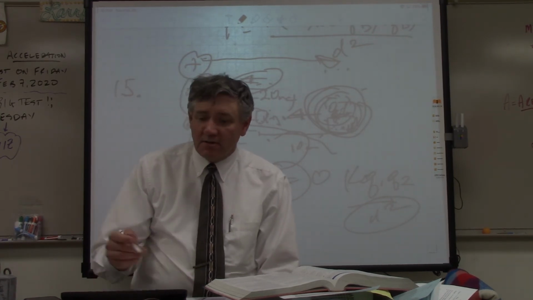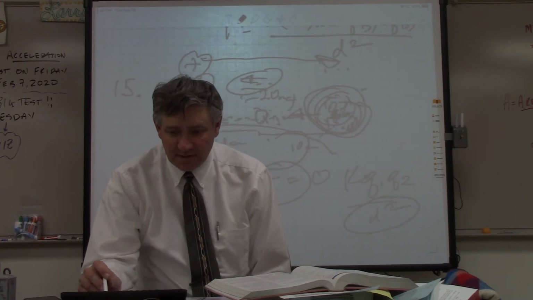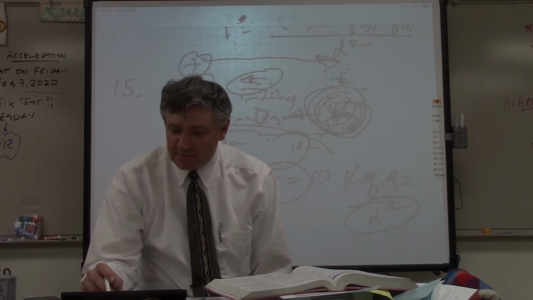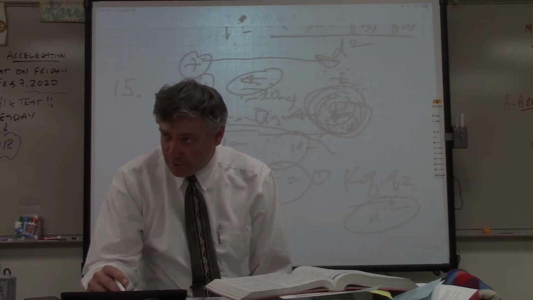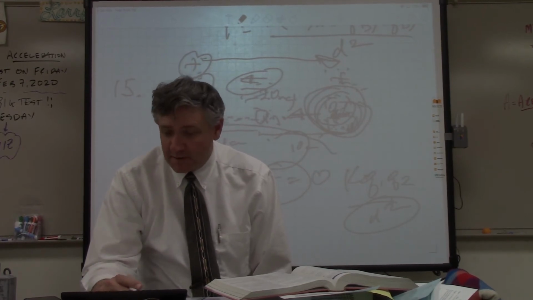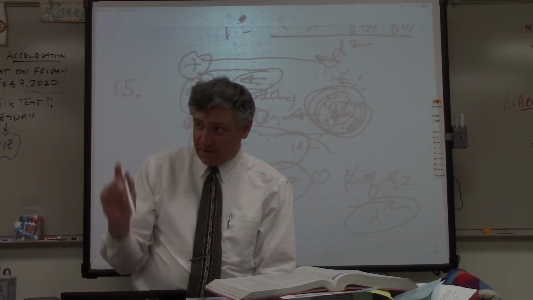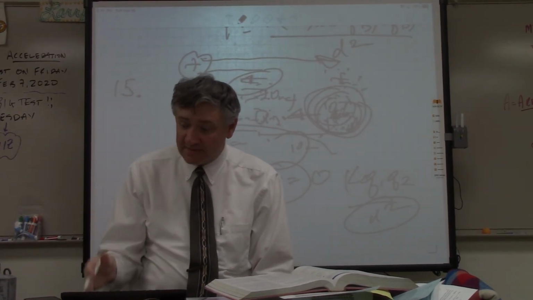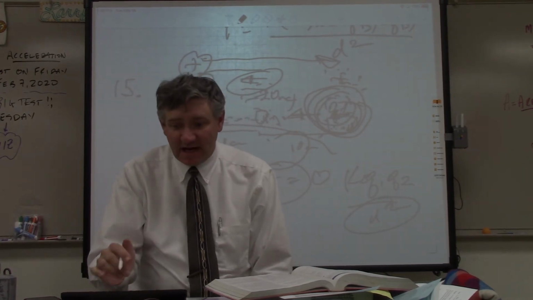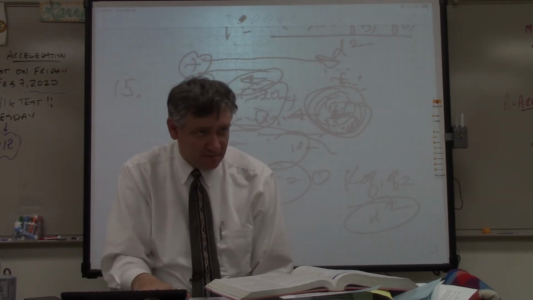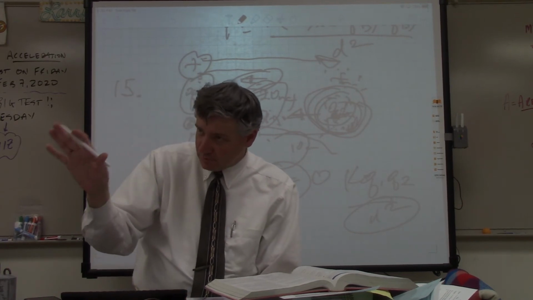So if you assume Q2 is positive, it's going to have an attractive pull towards the negative, but then a repulsive force going this way. But because d is squared, it's got to be 8 times greater than the 2 nanocoulomb is, okay? Cool with this.